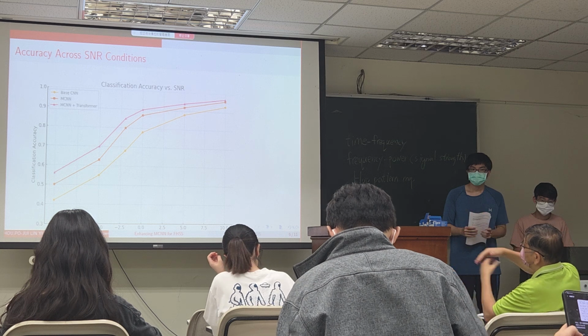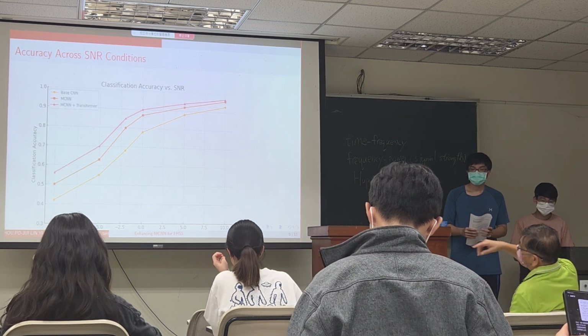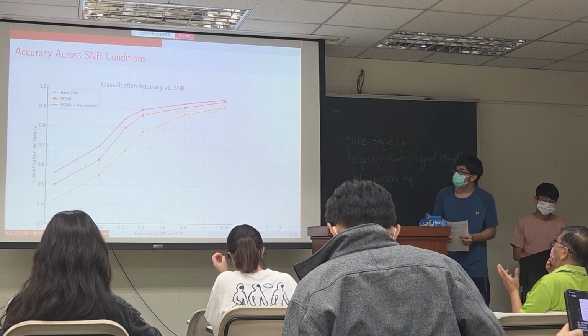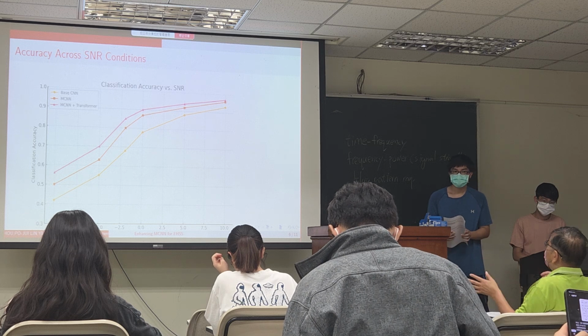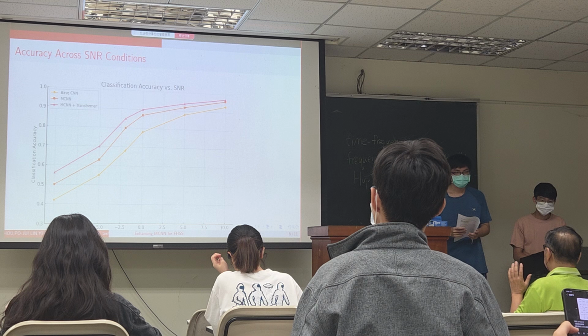I use MCN, and then what's that? And also, the classification accuracy. I have to say that. That means you have run lots of numerical examples, but I didn't see that.